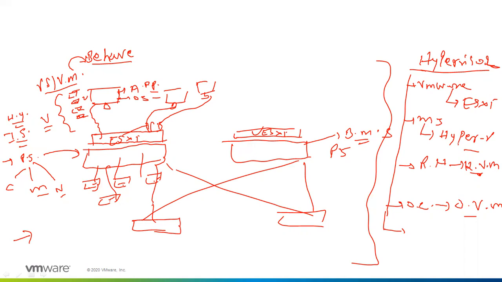This ESXi is going to be installed directly on your physical server, and once it is installed, you do some basic configuration, like the TCP/IP address, host name, and DNS IPs, and then you will be able to access it from a management console.